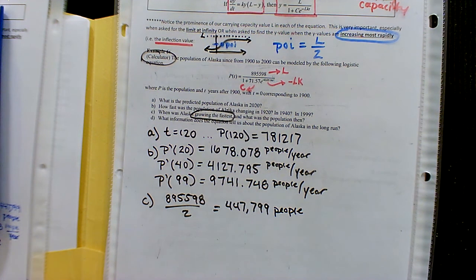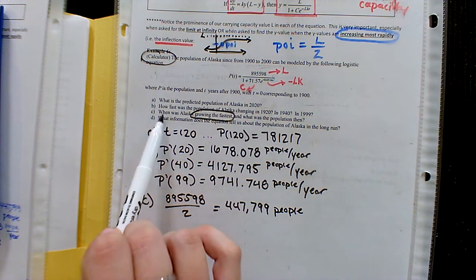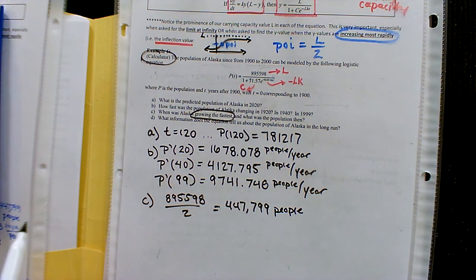Okay, that's your population. The question is asking, when was Alaska growing the fastest? AKA a time. We have to figure out a specific year. So if we know the population of when it's growing the fastest, how can we figure out the time at that point? What do you think, Caitlin?